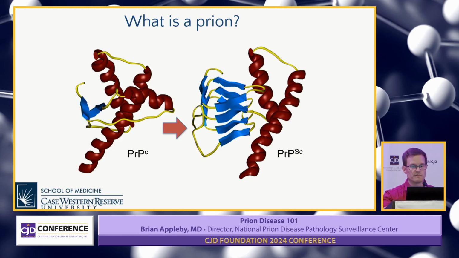It causes more of those blue pleated sheets, and that gives characteristics to the disease-associated form of the prion protein, which you'll hear multiple times this weekend, referred to as PrPSc, which stands for the scrapie protein, because of the prion disease in sheep and goats called scrapie.